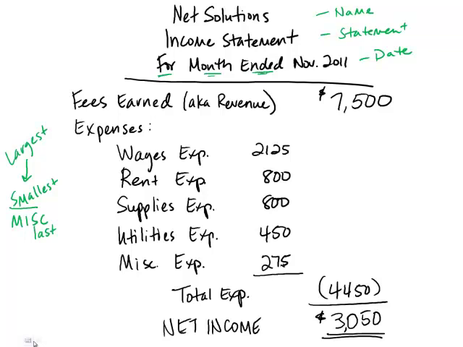Any questions about the income statement? No cash on here, no supplies, only revenues and expenses. You're minusing 4450 from 7,500, right? 7,500. Okay. Yep.